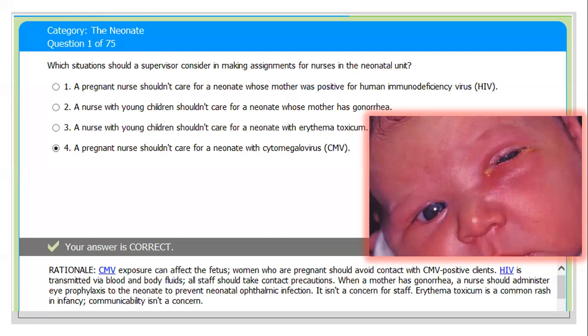Originally, the term neonatal ophthalmia referred to conjunctivitis in newborns caused by Neisseria gonorrhoeae. So antepartum lab investigation is very important, right?